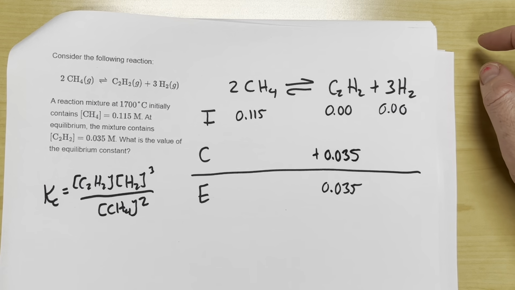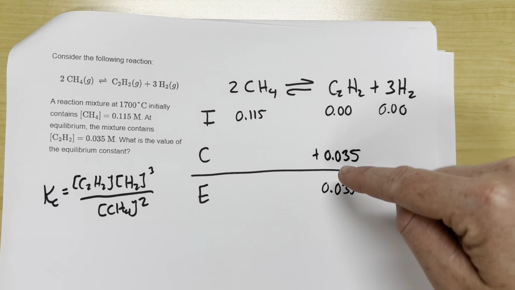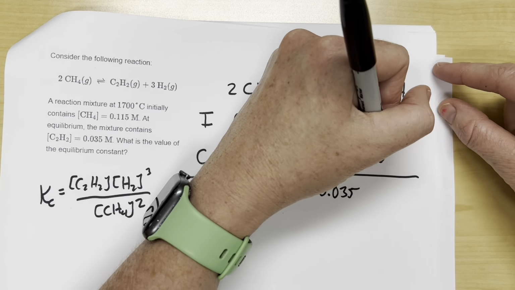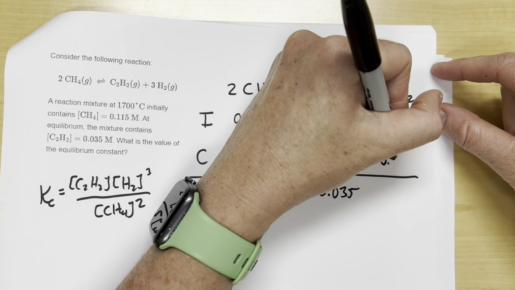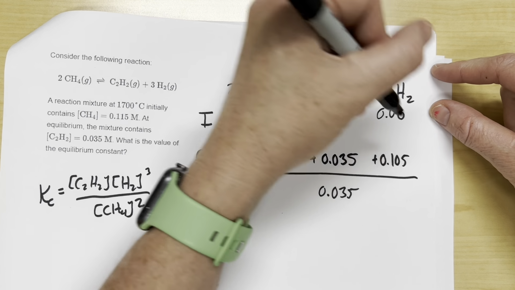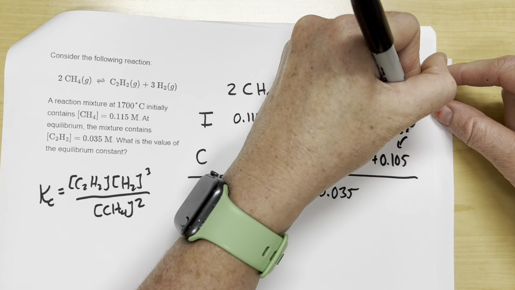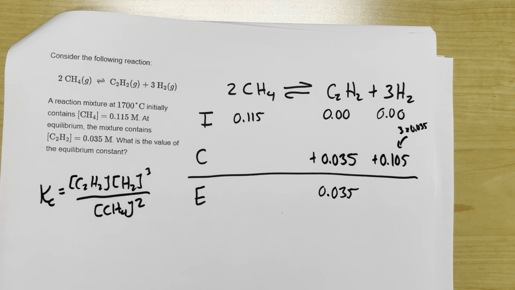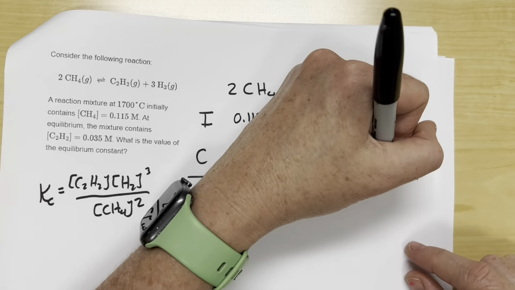There's no other option. If we gain 0.035 here, we had to have gained 3 times that amount, or 0.105. I just took 3 times 0.035. So that means here at equilibrium, this is 0.105.